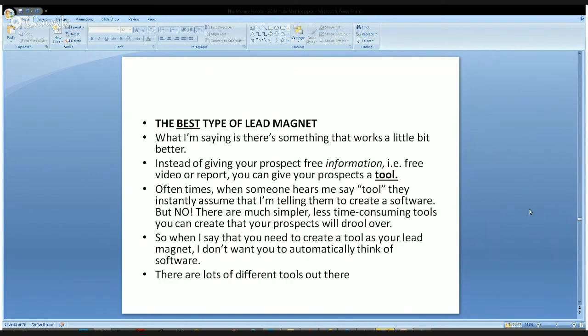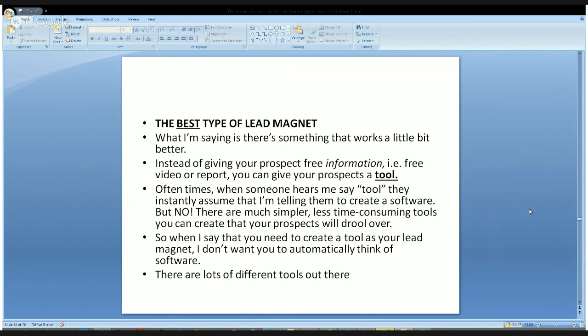But what I am saying is there is something out there that works a little bit better. So I want to just go through the best type of lead magnet, and I'll be running through all the different types as we progress through the presentation today. But instead of giving your prospects just free information, like a free video or report, you can give your prospects a tool.